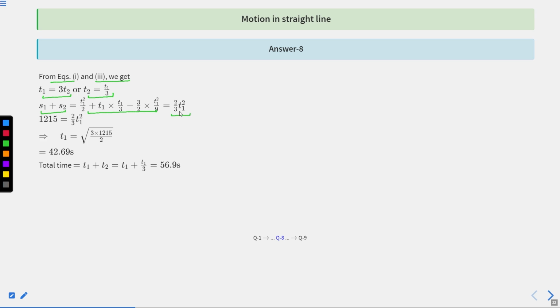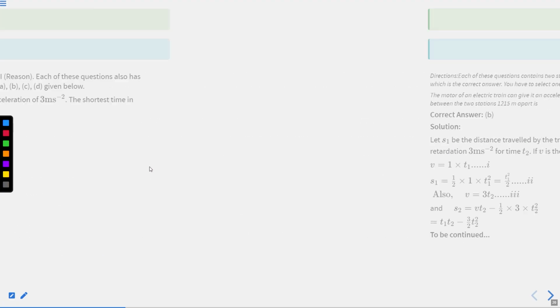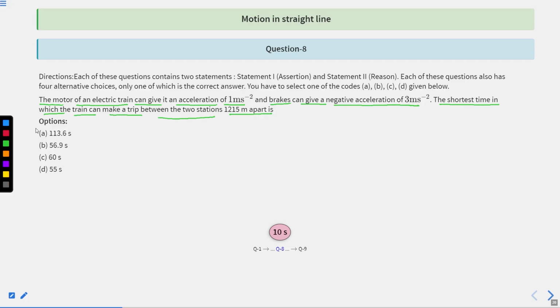So t1 is this. Then the total time is t1 plus t2, equal to t1 plus t1 by 3, which is 56.9 seconds. The correct answer is B.